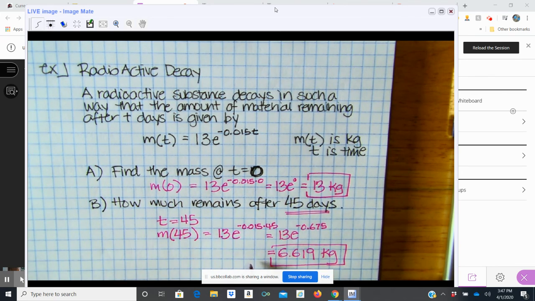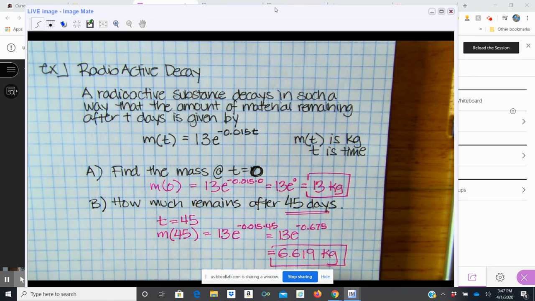Now, did y'all see me? I got an answer of 25 and went, oh no, that's not right. I knew that. Do you know why I knew that couldn't be right? Yeah, if I'm starting with 13 and it decays or goes away, then after 45 days, there should be less. 25 is not less than 13.